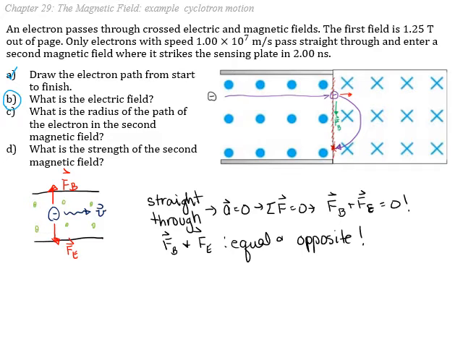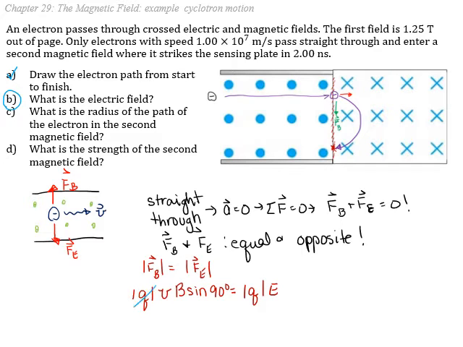Okay, let's apply our equation now that the magnitudes of the electric and the magnetic force are opposite. So the magnitude of F_B equals the magnitude of F_E. The magnitude of a magnetic force is the magnitude of the charge times the magnitude of the velocity times the magnitude of the magnetic field times sine of the angle between V and B, that's 90 degrees, equals the magnitude of the electric force, which is the magnitude of the charge times the magnitude of the field.